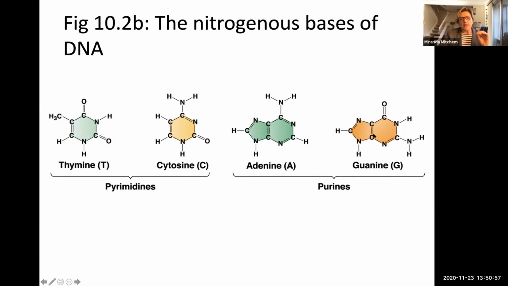So that means that the DNA double helix is roughly the width of three of these rings across, because thymine has one, and then it base pairs with adenine, 2, 3. The same is true for cytosine, 1, pairing with guanine, 2, 3.